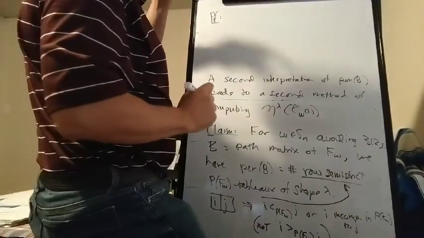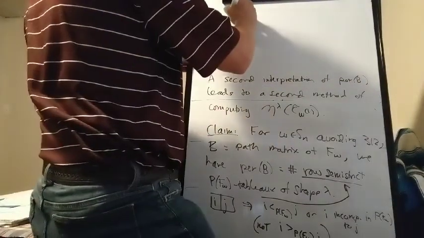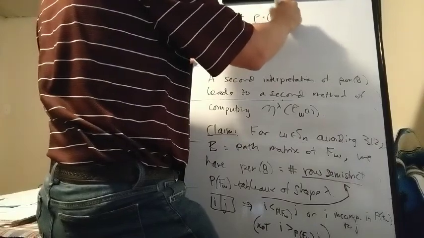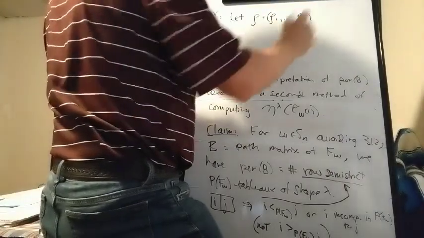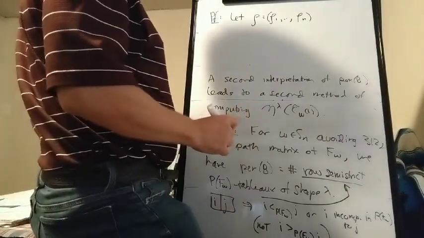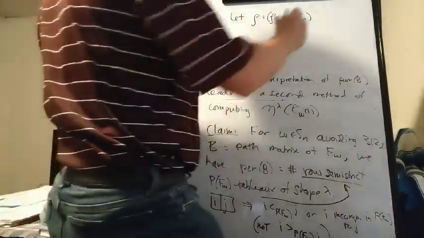So to see this, let rho be the unique path family of type e covering Fw.